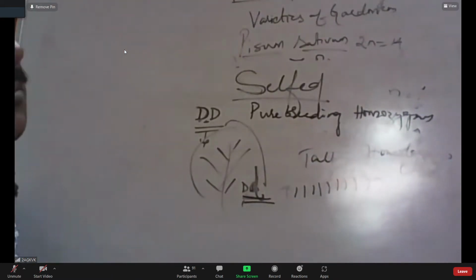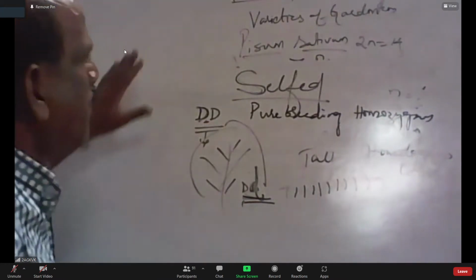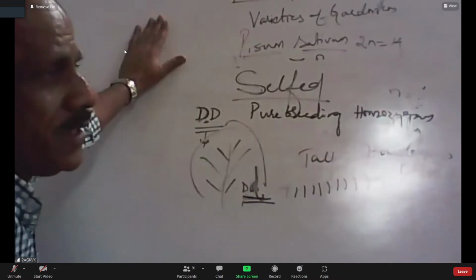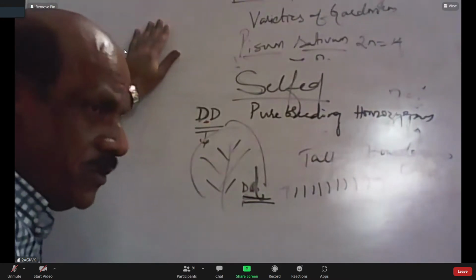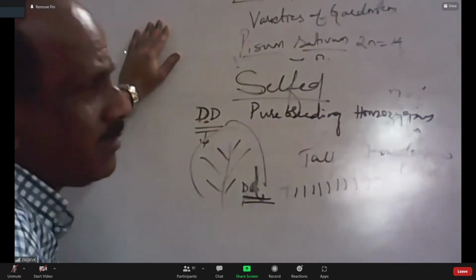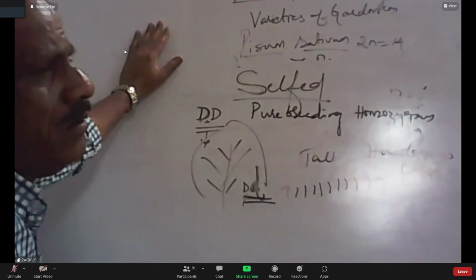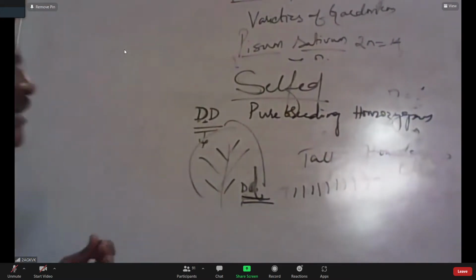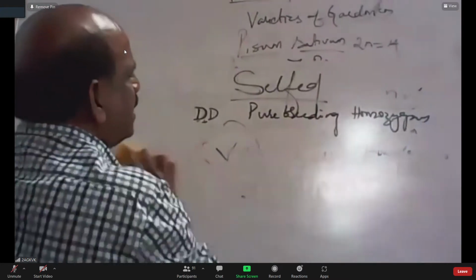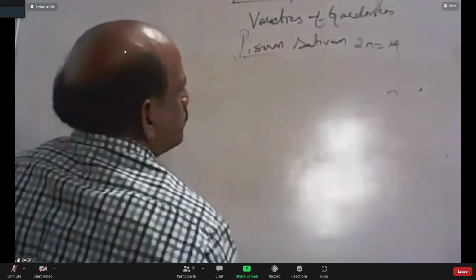Okay. He used them as parental lines. The first character that he studied was plant height.